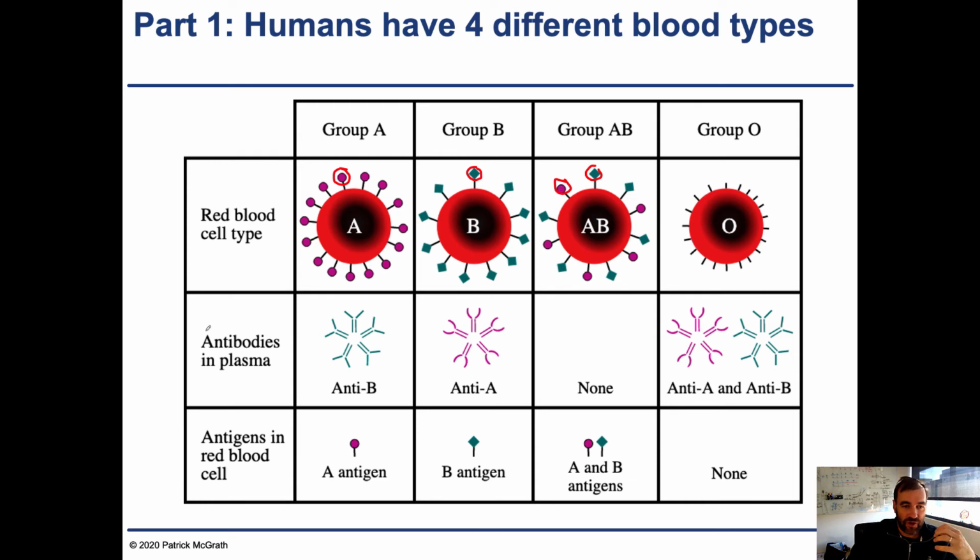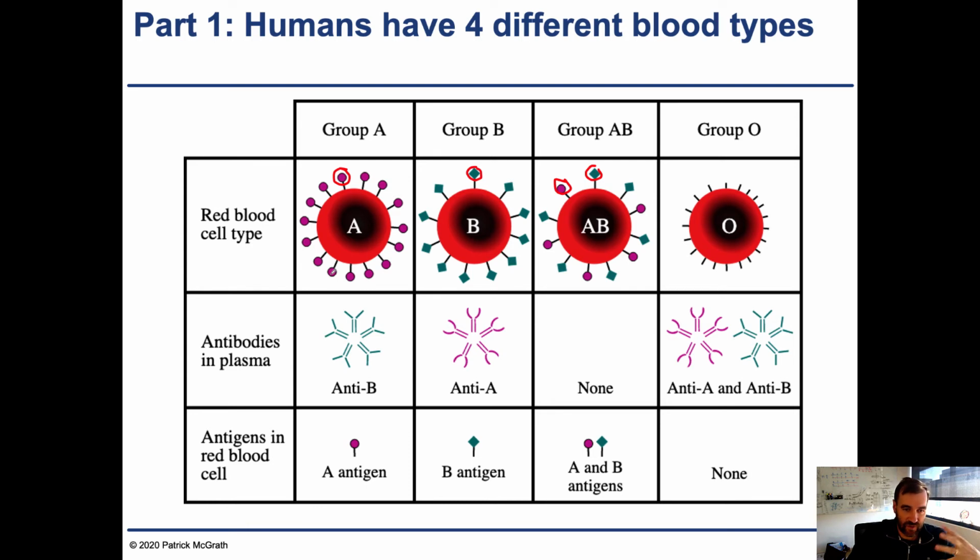Your blood type is an interaction with your immune system. Your immune system produces specific antibodies that would recognize either the A antigen or the B antigen. What happens when your body produces the A antigen is that you clear out those antibodies from your bloodstream, so you no longer produce the antibodies that recognize the A antigen.